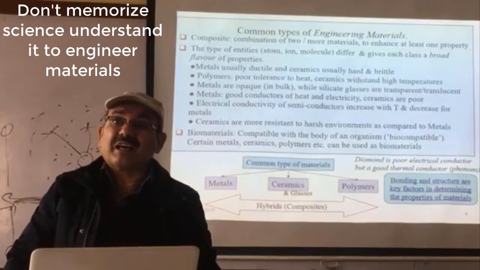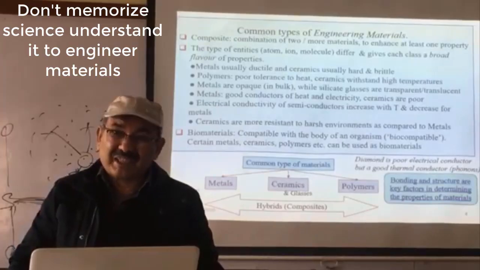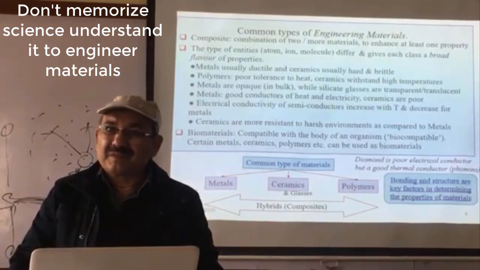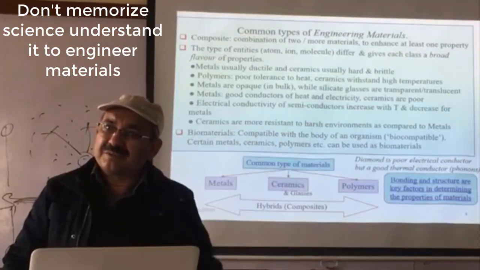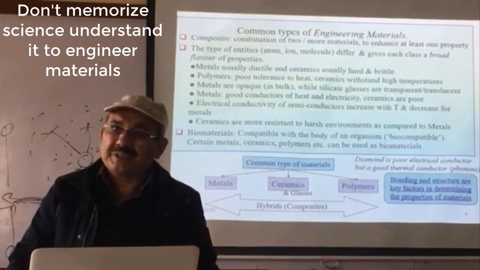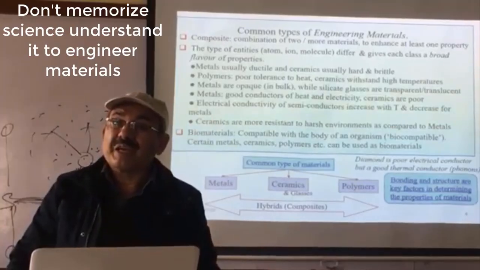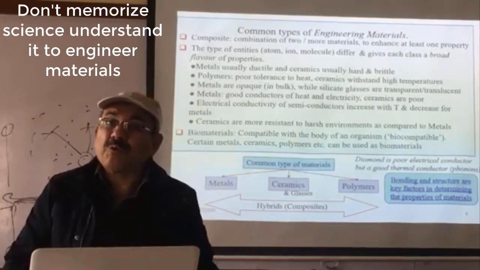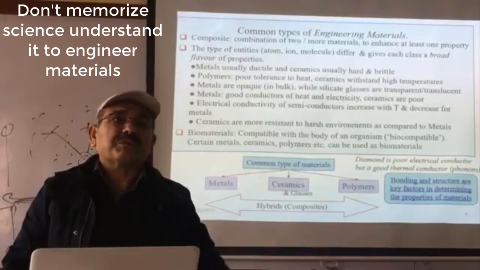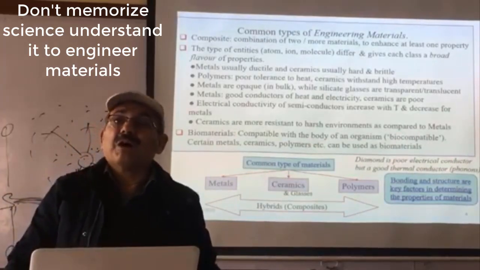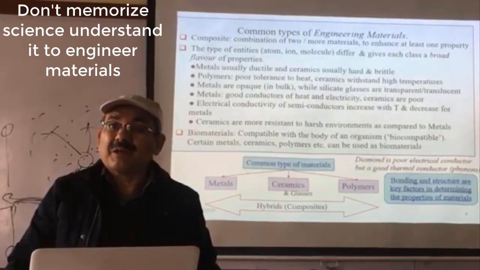Metals are usually ductile, but ceramics are usually brittle. And again, if you go back to the atomic structure of those materials, which atom will prefer to form an ionic bond and which atom will prefer to form a metallic bond?